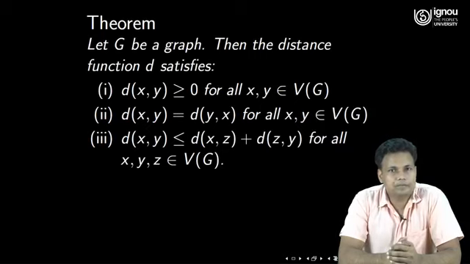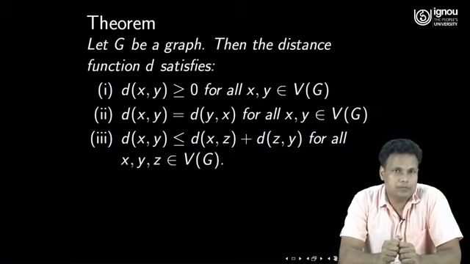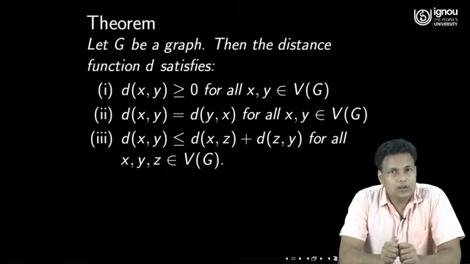The first is that the distance between x and y is always non-negative for all vertices x and y of G. This is trivial because you know that the distance between any 2 vertices is the length of the shortest path between x and y, right? And length is always non-negative, so d(x,y) is non-negative.